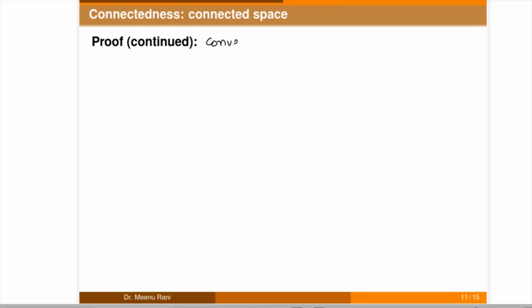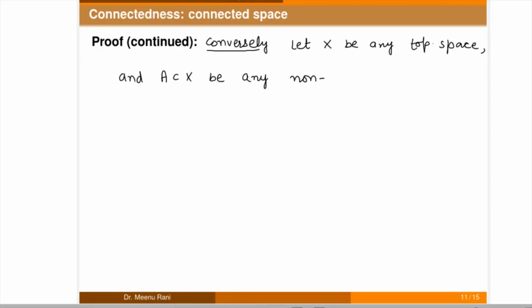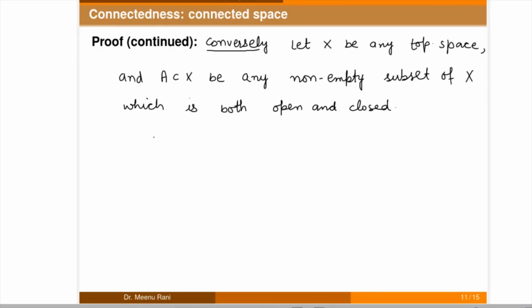So conversely, if we take any topological space X and we take any subset of X which is non-empty, and which is both open and closed, then we have to prove that X is disconnected.